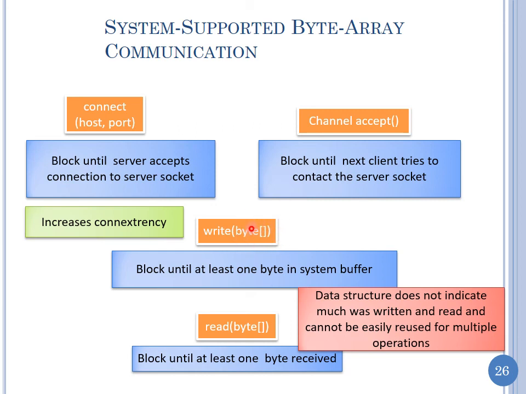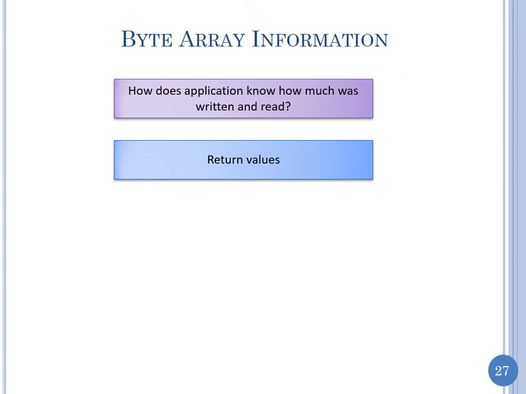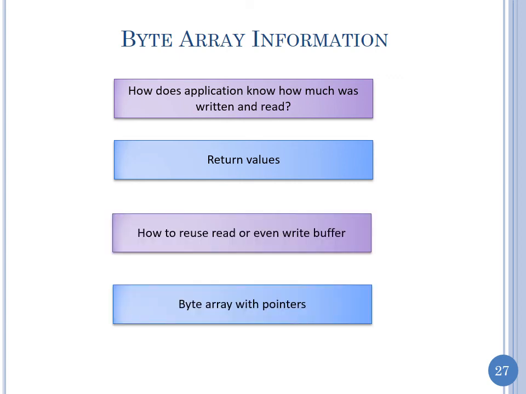And you want return values of various things, such as status. So why not have a data structure that has it built in? So how does the application know how much was written and read? Return values. How to reuse a read or even write buffer? Well, we will have a byte array with pointers that will not require return values.